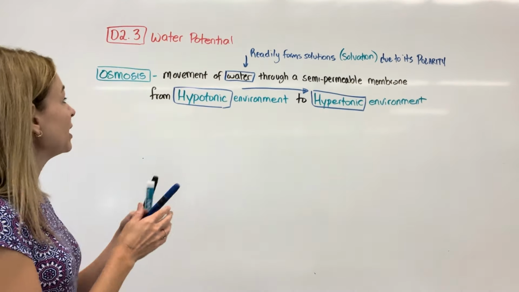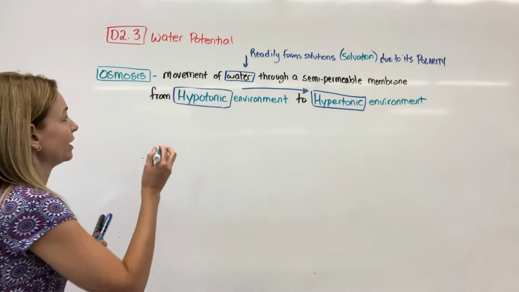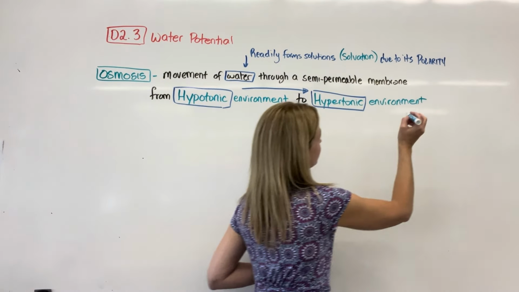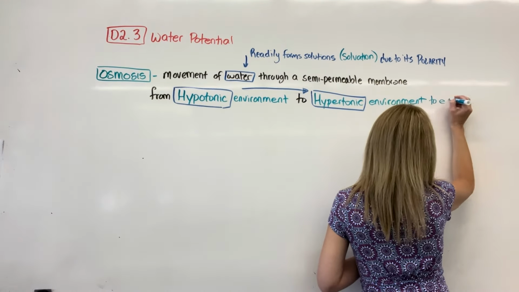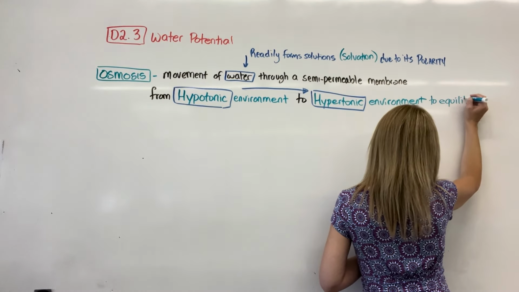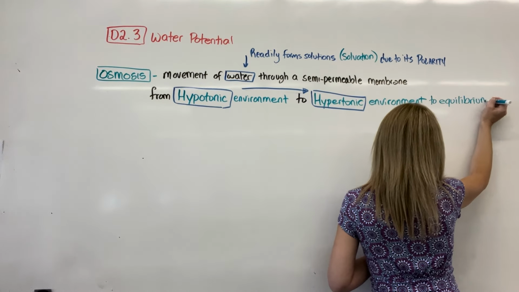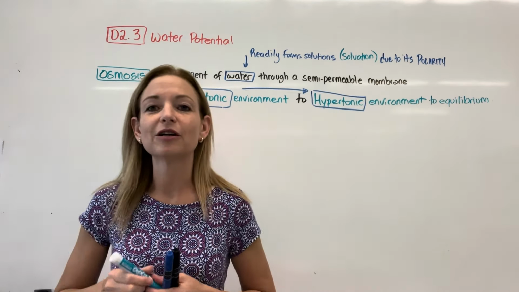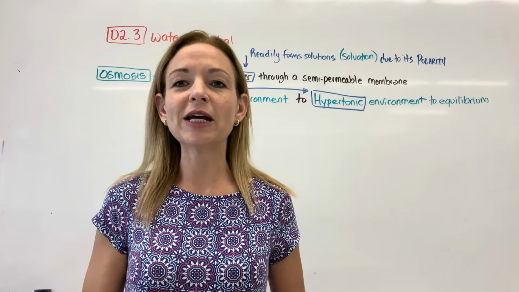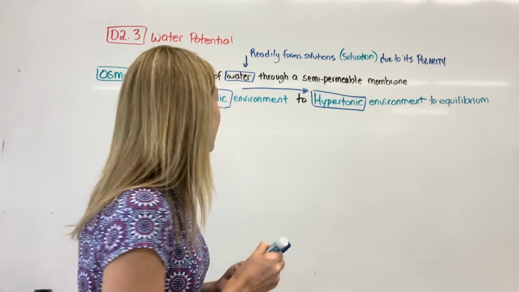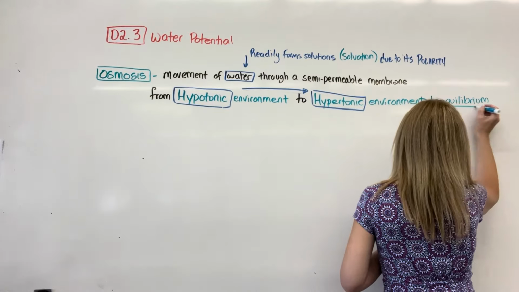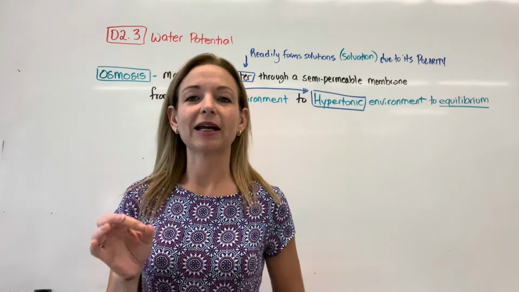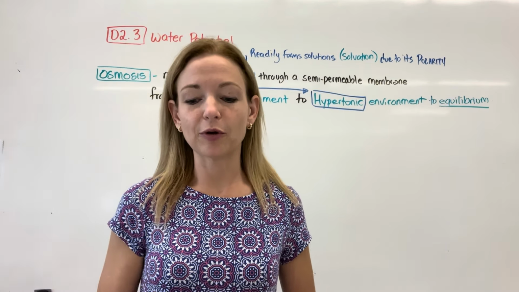So it's going to keep moving from there until equilibrium is reached. To equilibrium. So essentially, it's going to keep moving until the point of equilibrium is reached. And so again, if you are actually SL, the point you need to recognize is this point called equilibrium.